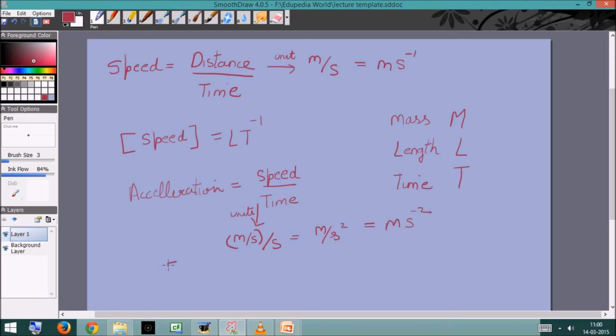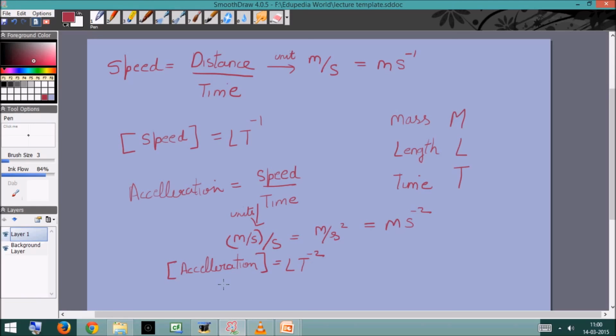So we would write the dimensional formula for acceleration as L T minus 2. So we've decomposed acceleration into the basic 7 fundamental quantities.